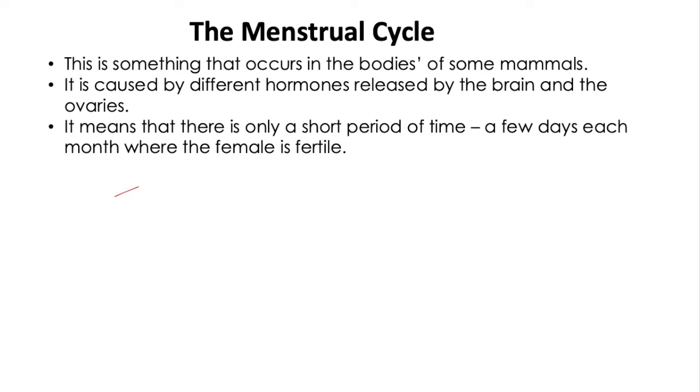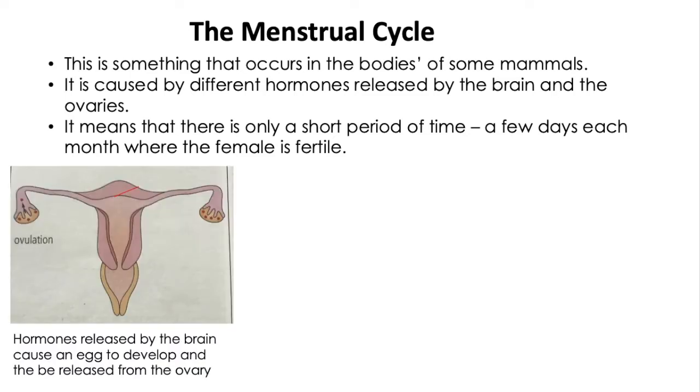So it takes place in the female's body, and it's a result of hormones being released by the brain and the ovaries. And it means that there's only a short period of time, only a few days each month, where the female is actually fertile, where they're able to have fertilisation take place.